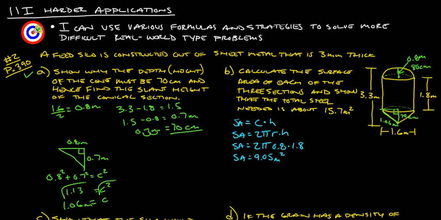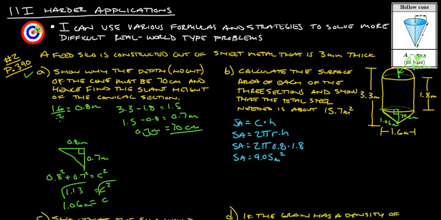And now we're going to need some other formulas here. One of the formulas is for the cone here, and that says area equals pi r times s. So pi times the radius times the slant height is going to be the surface area of this cone. So this is the cylinder part.